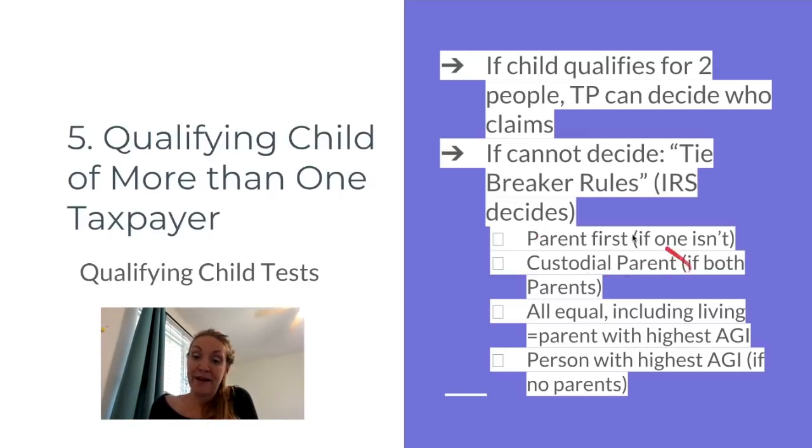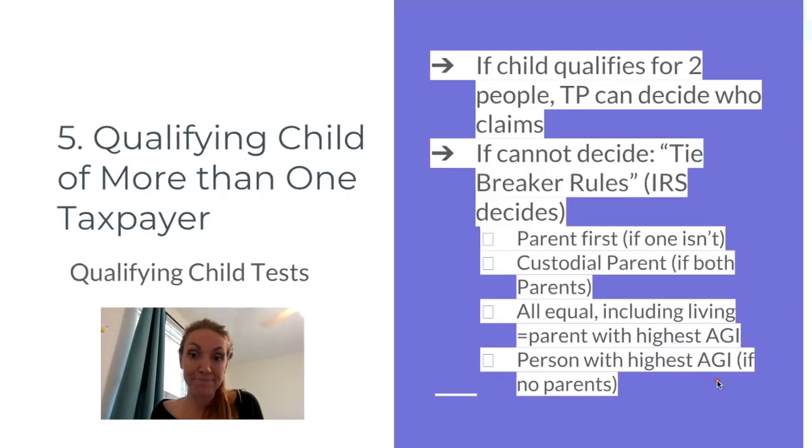If both of them are a parent, then the custodial parent wins, the one with whom the child stayed more nights during the year. If they are truly all equal in time, then the parent with the highest AGI. Now let's say the people who qualified weren't parents, then the person with the highest AGI.